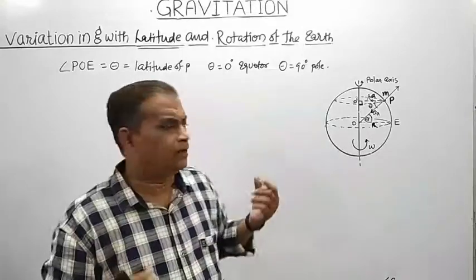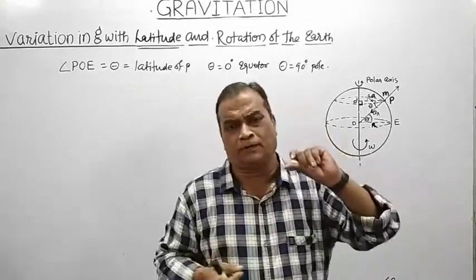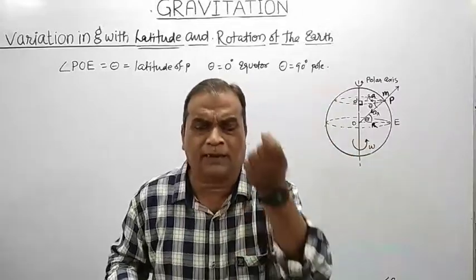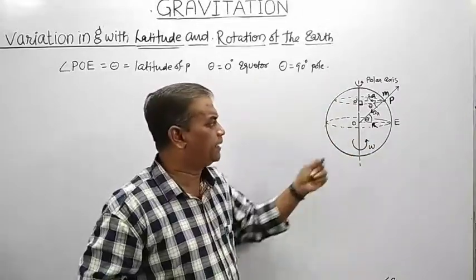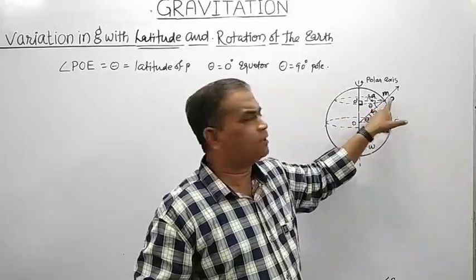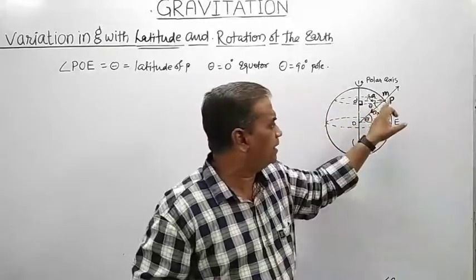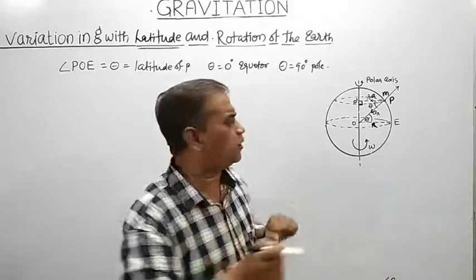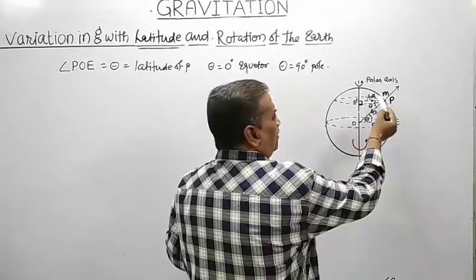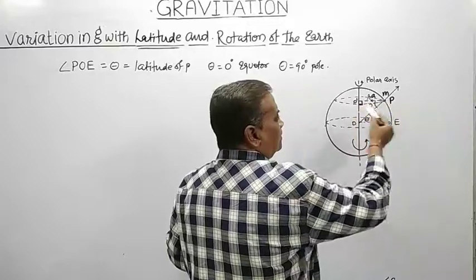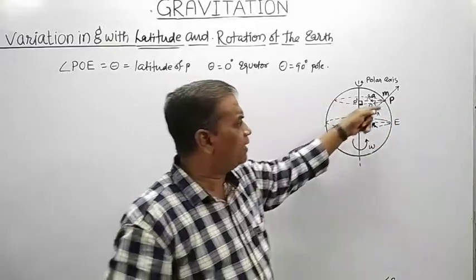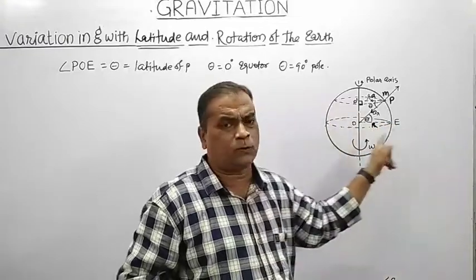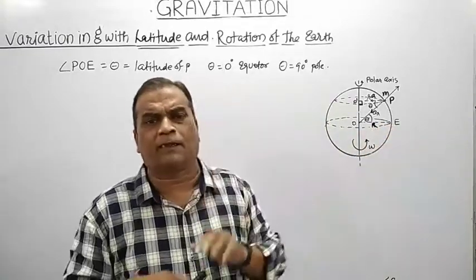Due to this rotation of Earth about its polar axis with a constant or uniform angular speed, every particle on the surface of Earth, see a particle at point B, every particle on the surface of Earth will perform a circular motion, or it will travel along a circle which is parallel to the equator of Earth.